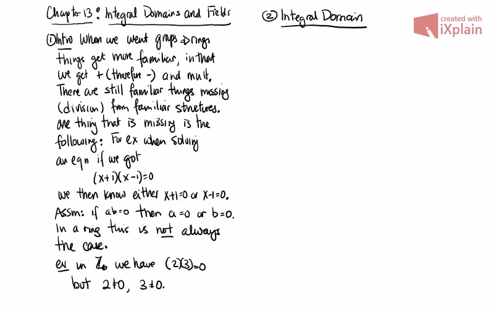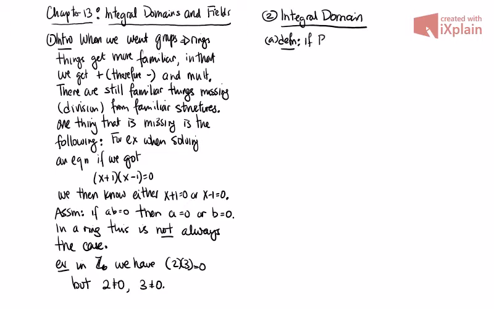So here's the definition. Let me break this down. So an integral domain is basically a ring. It's a commutative ring, and we'll look at why, in which none of these things kind of happen. So here's a precursor to that definition.